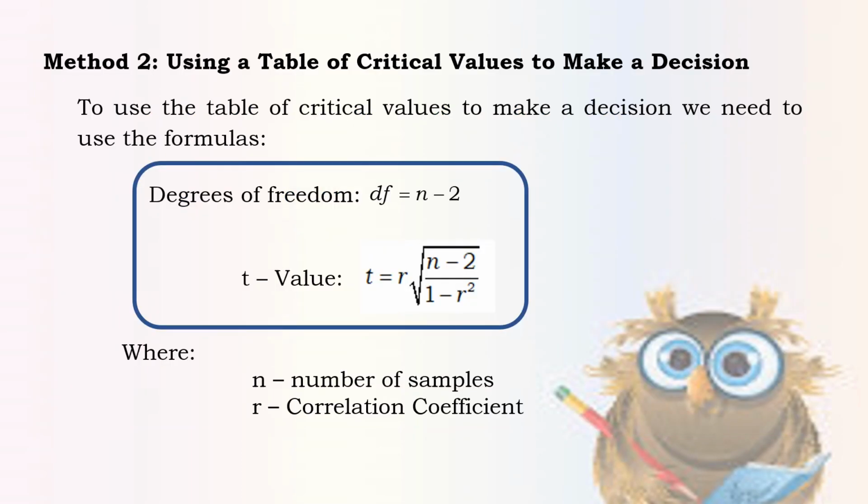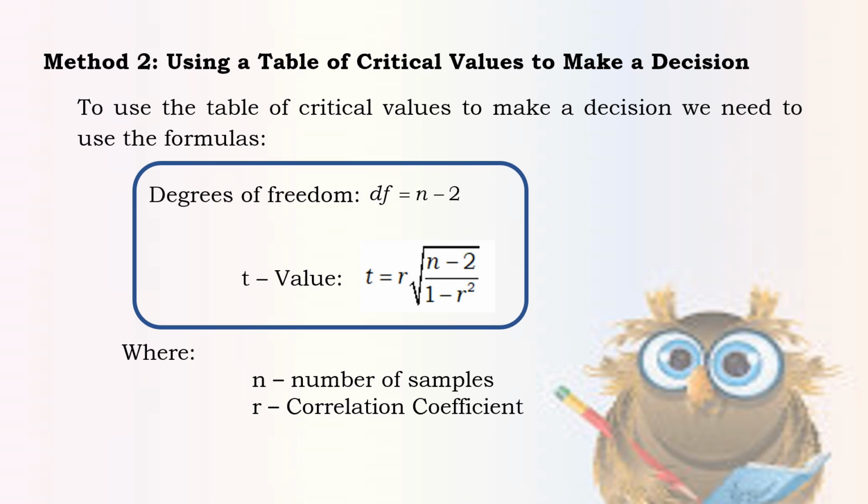For the second method, we will use the table of critical values to make the decision. I will put the URL link for the table of critical values in the description box, or I will put it in your Google Classroom.